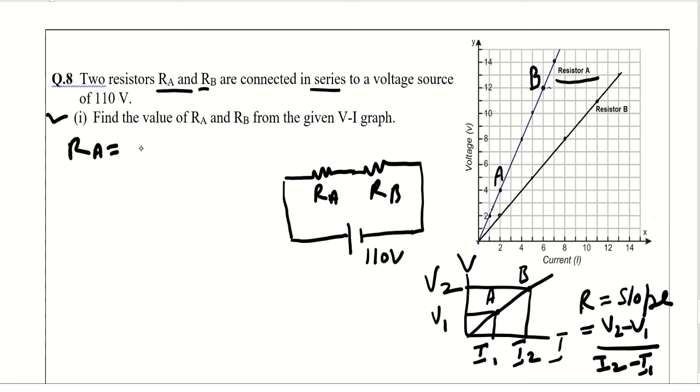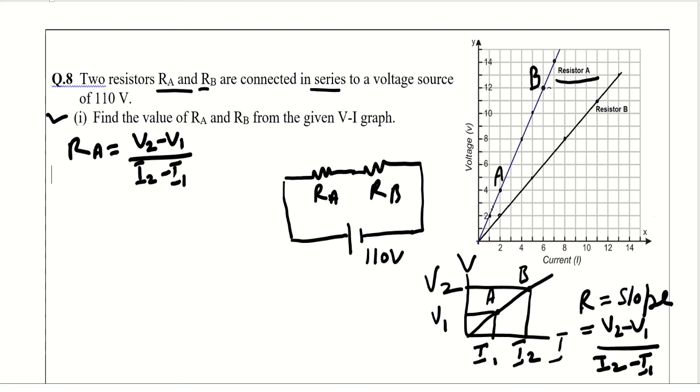I am writing the slope, so this is V2 minus V1 divided by I2 minus I1.